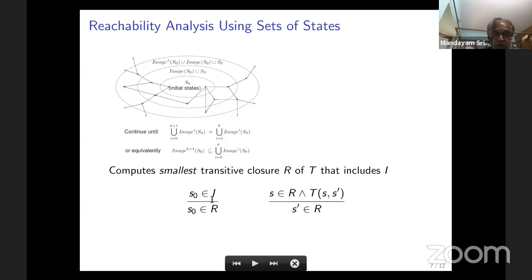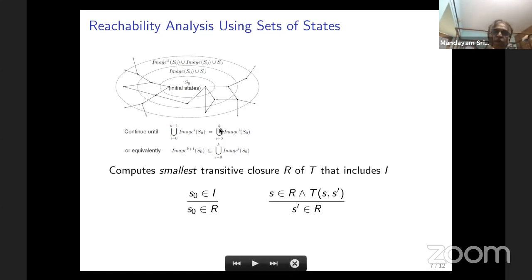Every state in I naught, R is a solution to these inductively defined rules. So every state in I must be included in R. And for every S that is in R, such that there exists a transition T(S, S prime), S prime will be included in this R as well.